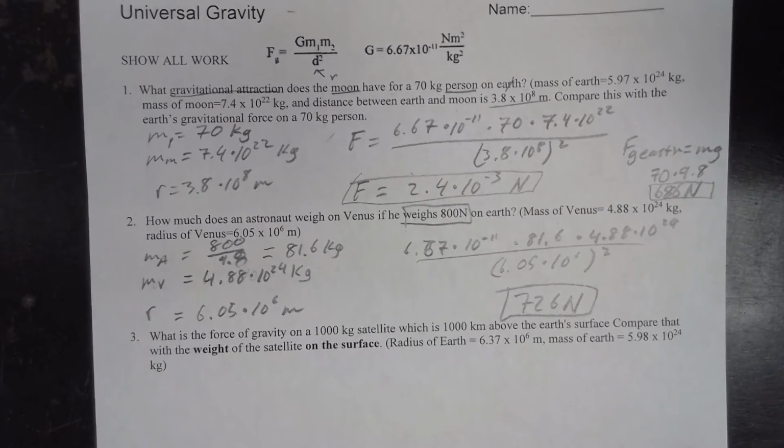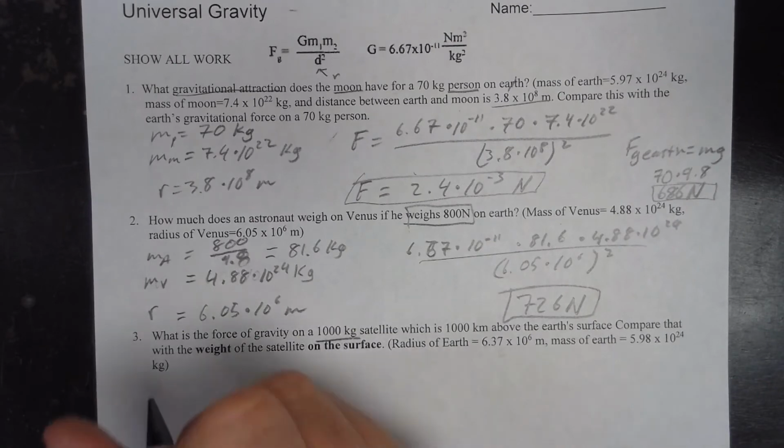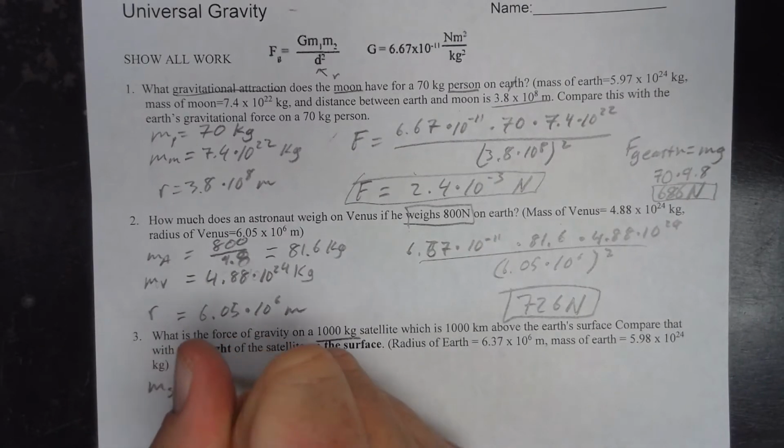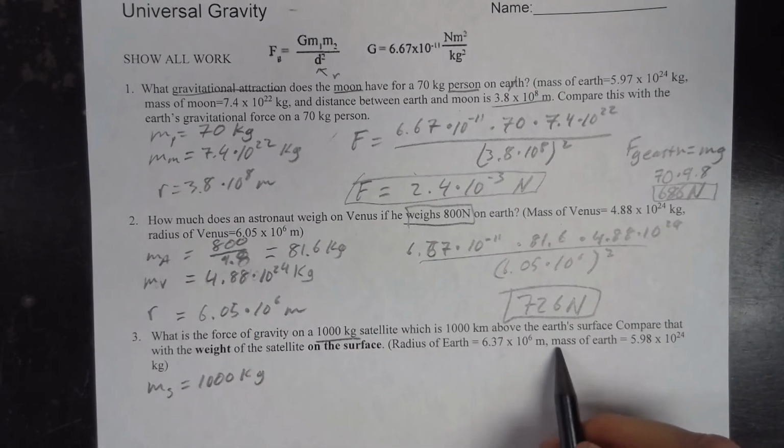All right, same process goes on in number 3 with one other small wrinkle. This time we have the mass of the satellite, so we have mass satellite, and we have the mass of the Earth.